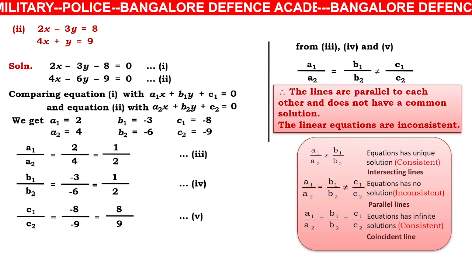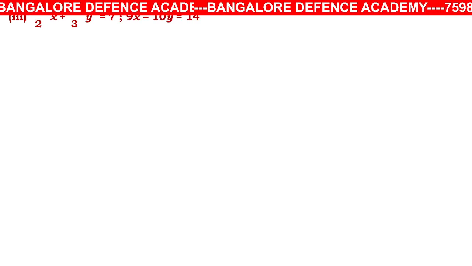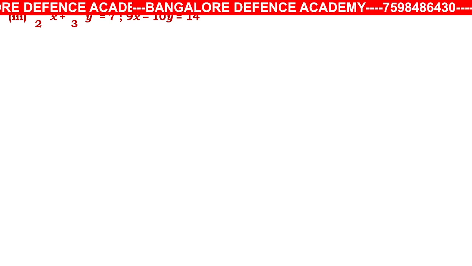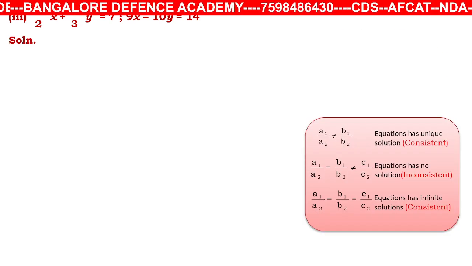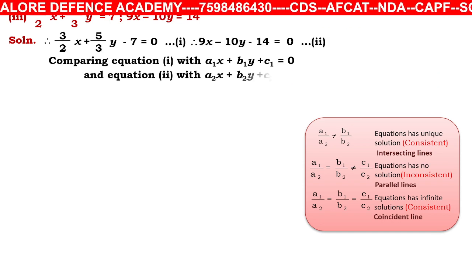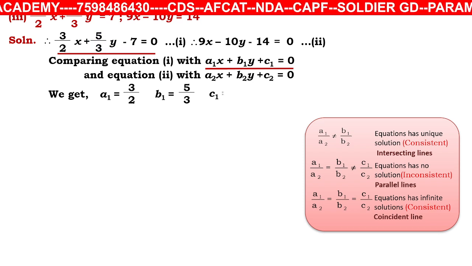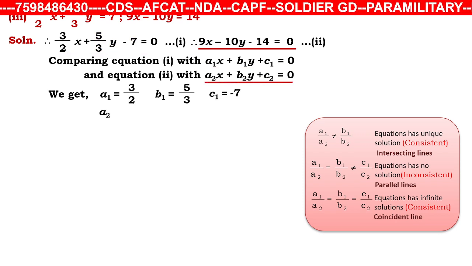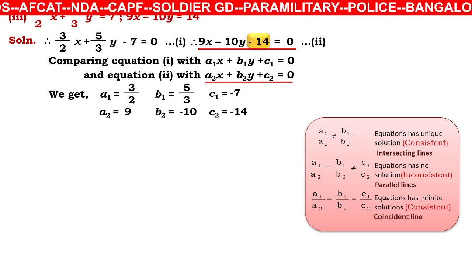It's that easy. Fine. Next, you have this kind of equation: 3 by 2 x plus 5 by 3 y is equal to 7, 9x minus 10y is equal to 14. So now what happens here? You have a1 is equal to 3 by 2, b1 is equal to 5 by 3, c1 is equal to minus 7, a2 is equal to 9, b2 is equal to minus 10, c2 is equal to minus 14.